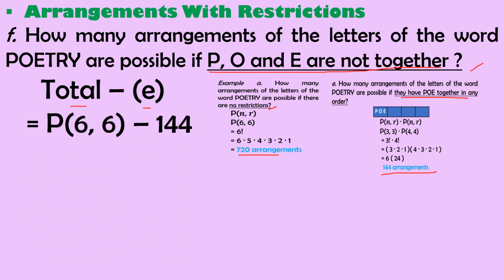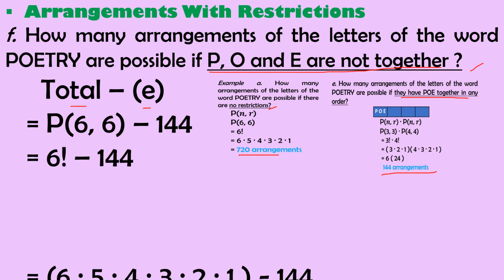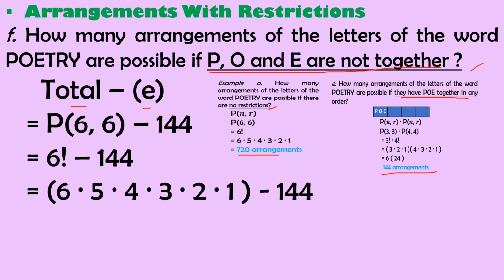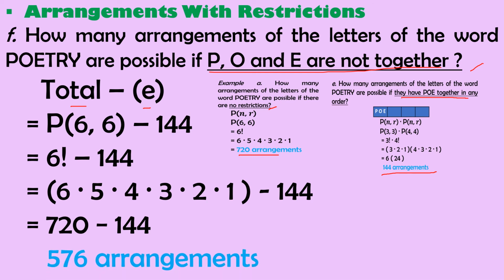So we have 6 factorial subtracted by 144, and it goes 6 times 5 times 4 times 3 times 2 times 1 is 720 minus 144. The answer is, so what is your answer? Very good. The answer is 576 arrangements.